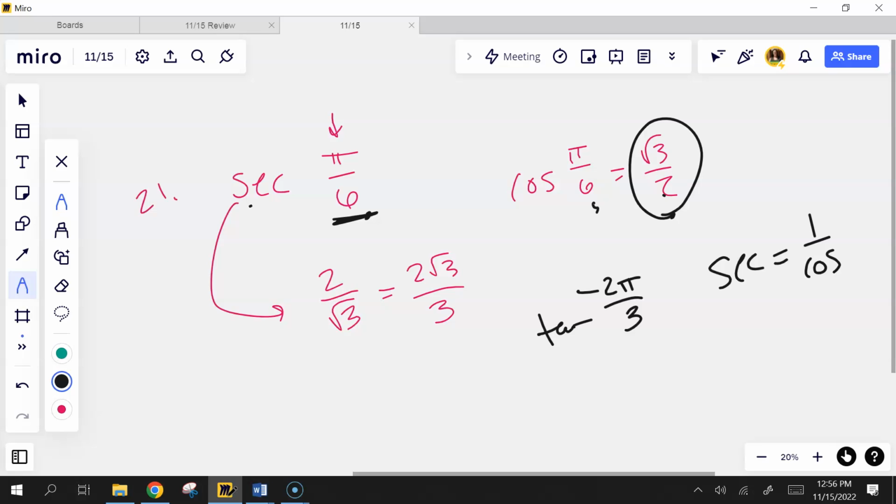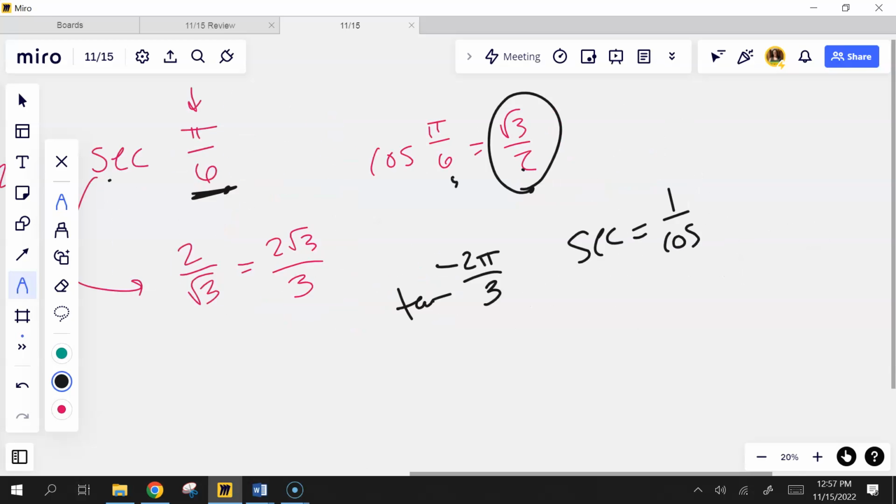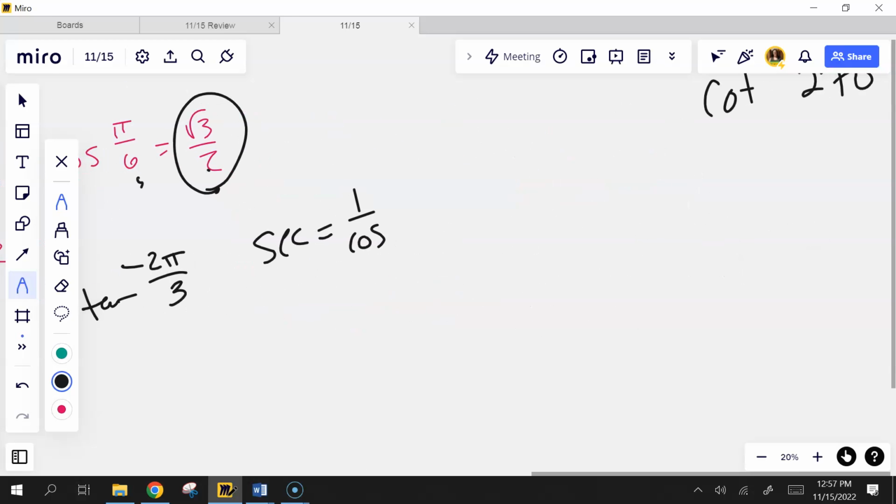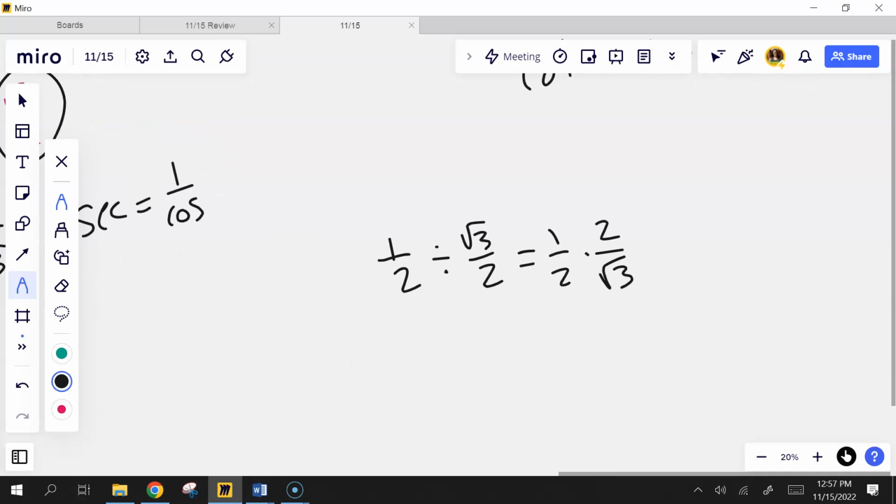Yeah, but you can't use your calculator for that. Your calculator's not going to give you an exact answer for that. You can work it out, Carter. You can say what is 1/2 divided by square root of 3 over 2, which is 1/2 times 2 over square root of 3. That's what we were doing yesterday.